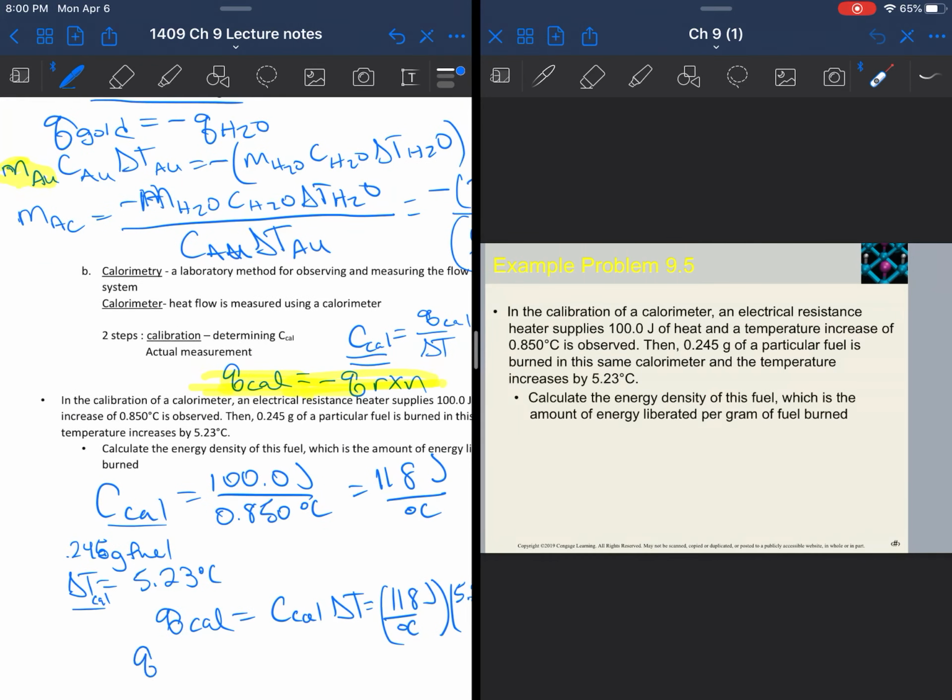Now, that's how much energy was absorbed by the calorimeter.